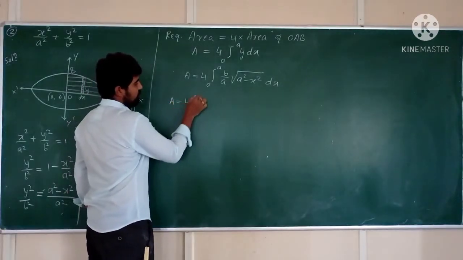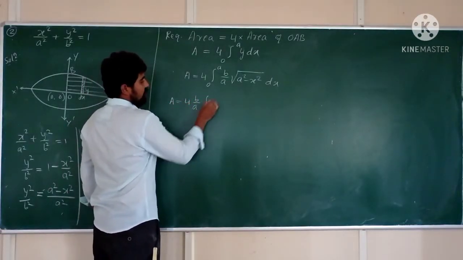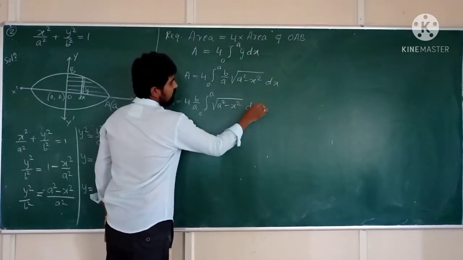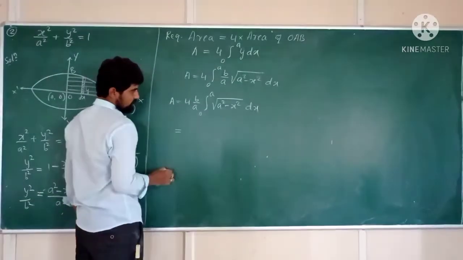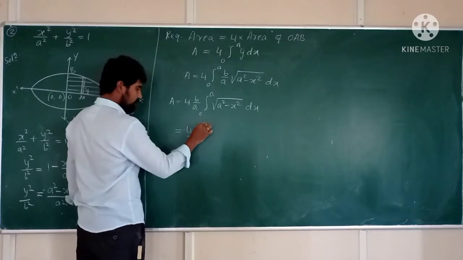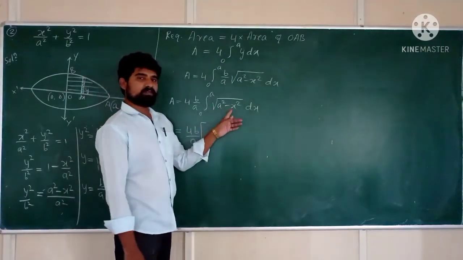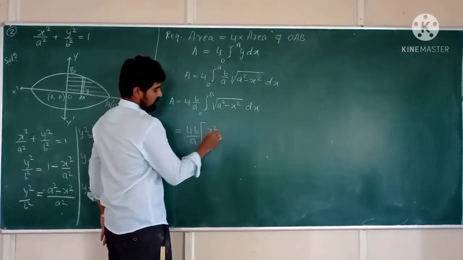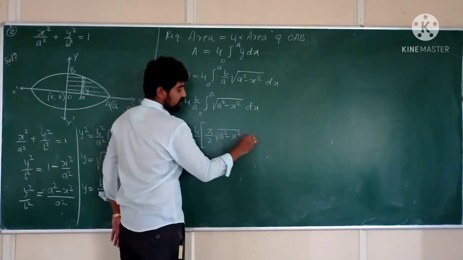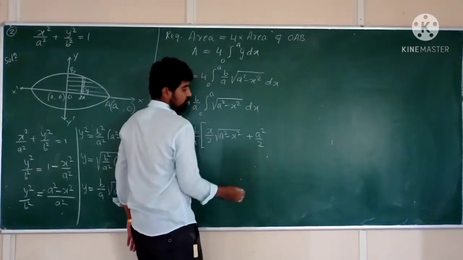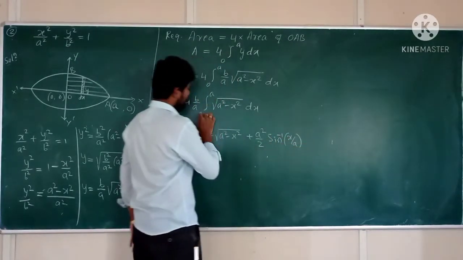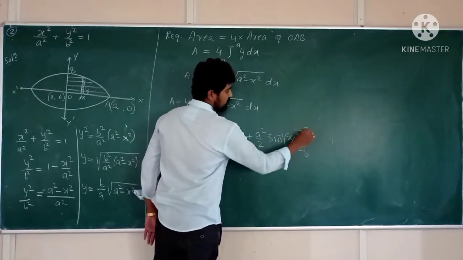So the area is equal to 4b divided by a into the integration from 0 to a of the square root of a squared minus x squared dx, which is equal to 4b divided by a into x by 2 into the square root of a squared minus x squared plus a squared by 2 into sin inverse of x by a, over the limits 0 to a.